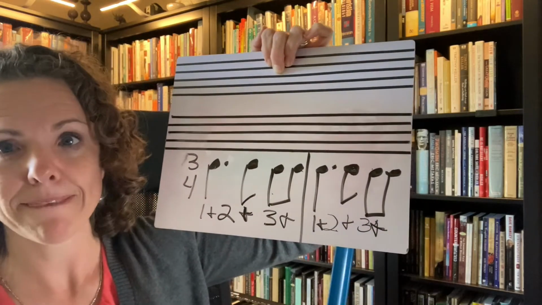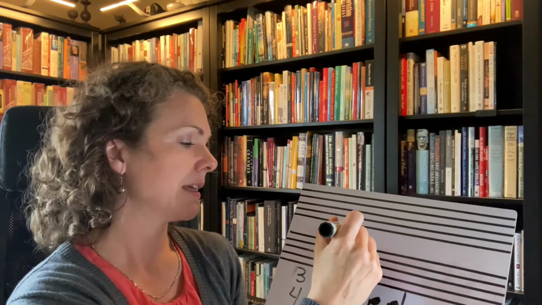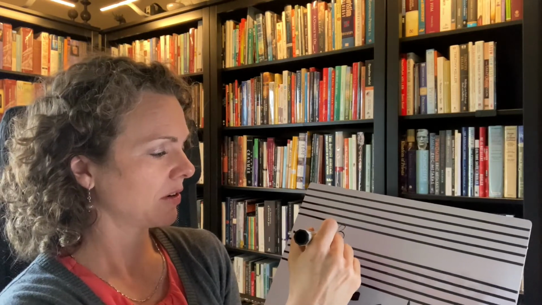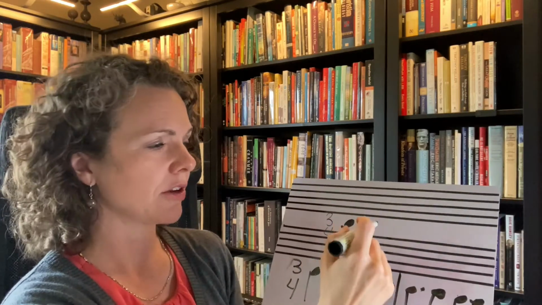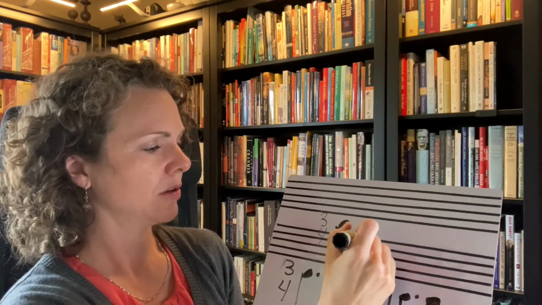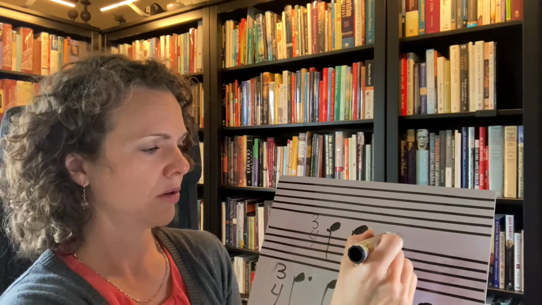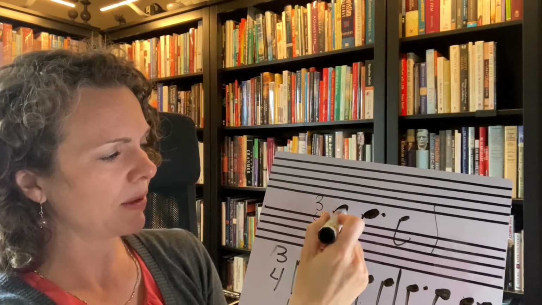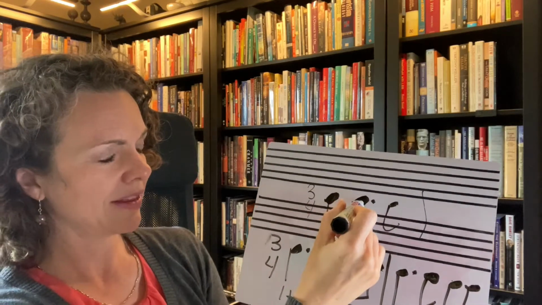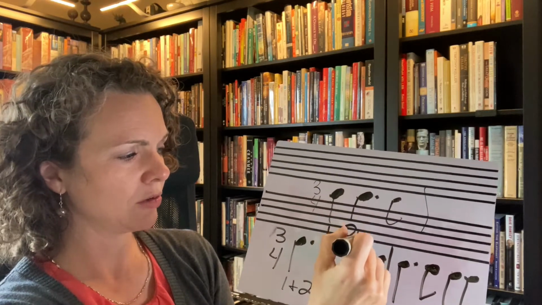And. Okay. Now, what if that dotted quarter note is in the middle of the measure? Let's say we're in 3/4. This one isn't on your page. We would write, this one would get all of beat 1. Then this would get the number 2 and.